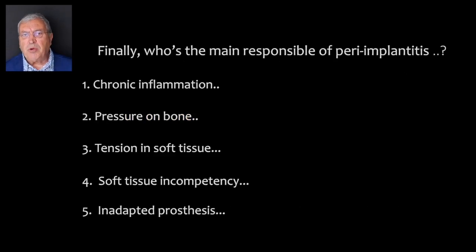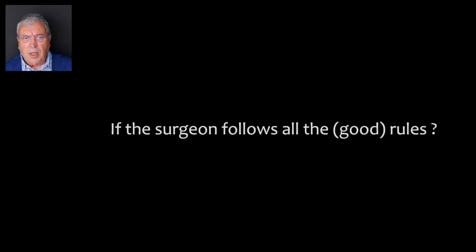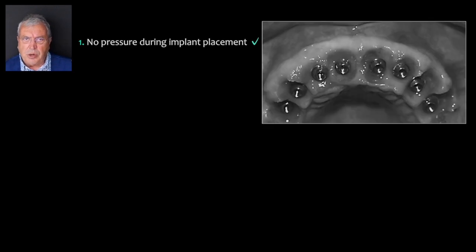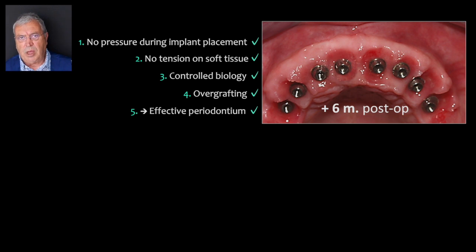Finally, who is the main person responsible for peri-implantitis? The surgeon, because he is doing a wrong surgery. If the surgeon follows all the good rules, no pressure during implant placement, no tension on soft tissue, controlled biology, then after a few months he will get an effective periodontium, not a sick periodontium.